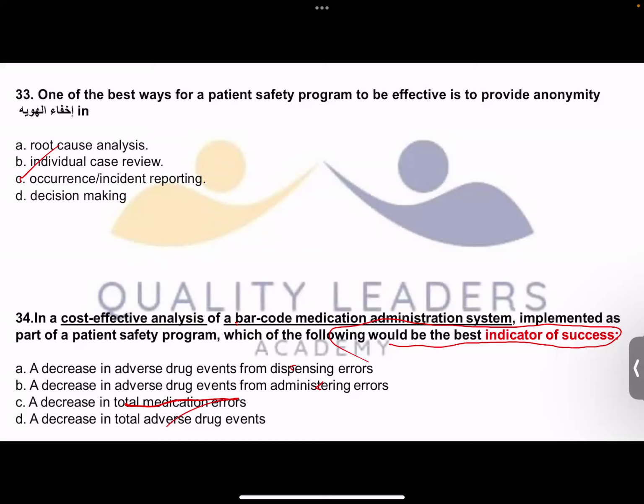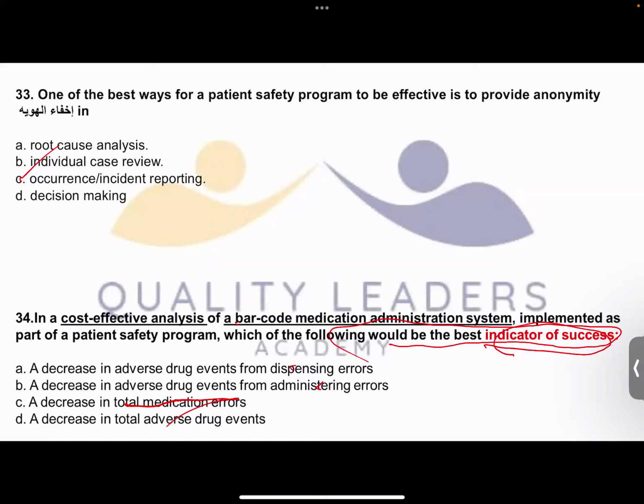The keyword here is the indicator of success, meaning to decrease the total adverse drug events. I hope you understand also the rationale behind this answer.